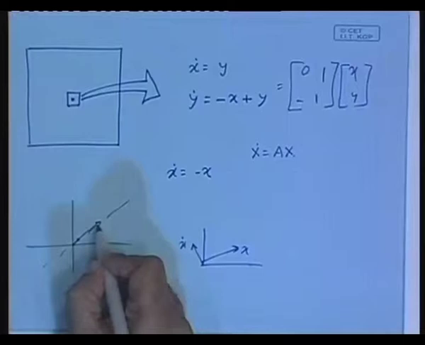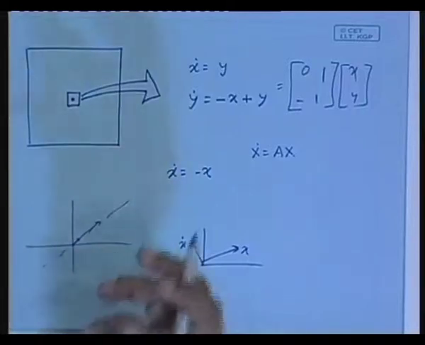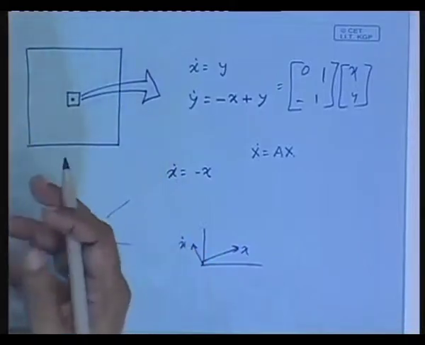That means x has been multiplied by a scalar to get x dot, right. The x has been multiplied by a number to get x dot. What is that number called? The eigenvalue, right.